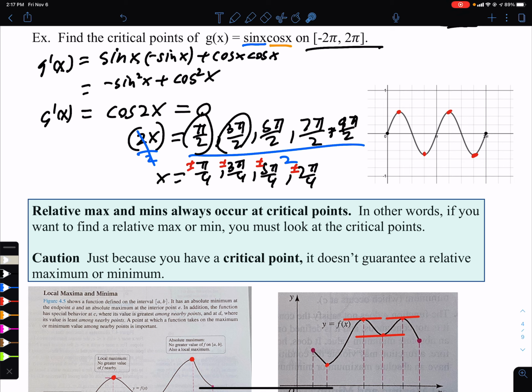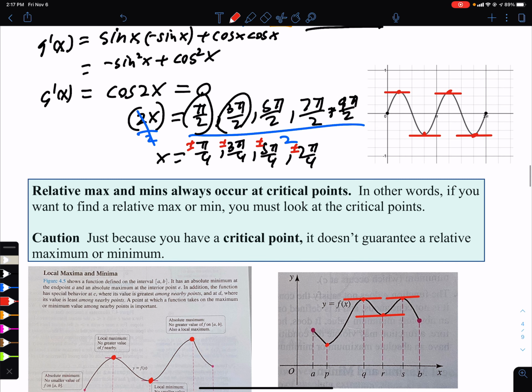And you can see from the graph, it appears that's where the derivative is 0. I'm kind of butchering this a bit, but hopefully it's close enough. So 4 critical points. Points where the derivative is 0.